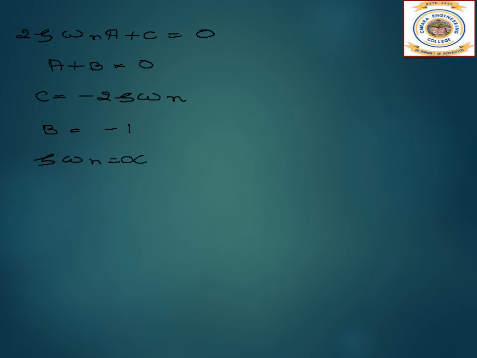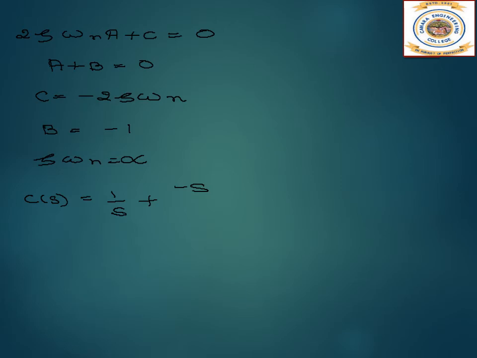So we'll substitute that over here. So we will write this C of s. We had it as A by s. So A is 1 by s plus we have Bs plus C. So B is minus 1, so minus s plus C. C is minus 2 zeta omega n. Zeta omega n we know it is alpha.